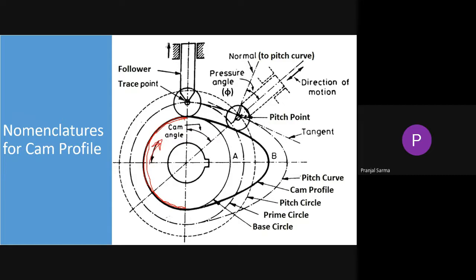After some time, depending on the angular velocity, it is going to encounter that shaded red portion of the cam profile. During that time the cam is having a finite angular displacement, but the follower will remain here itself, at whatever the previous position was. That time is nothing but the dwell.